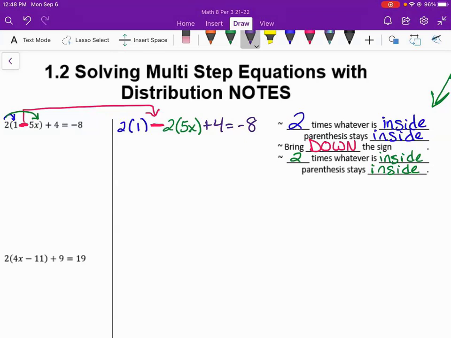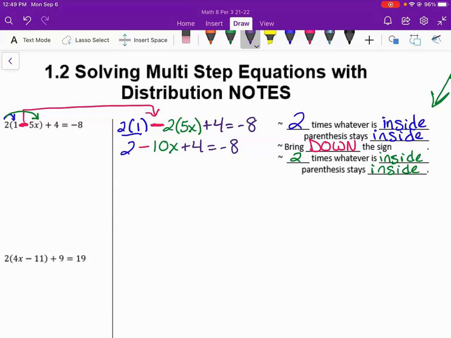So next step, simplify. Okay, first this was simplify. Now we're going to keep simplifying. So 2 times 1 is 2 minus, then we have 2 times 5 is 10, so I have 10x, and then plus 4 equals -8.